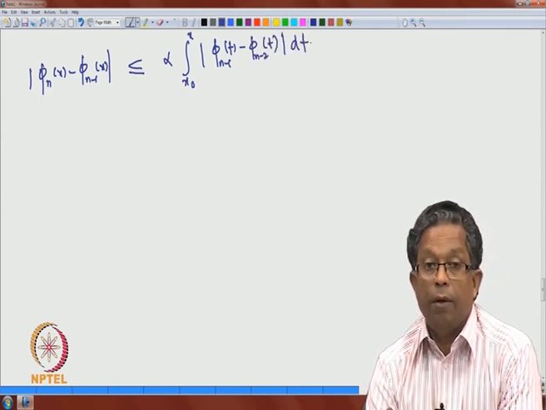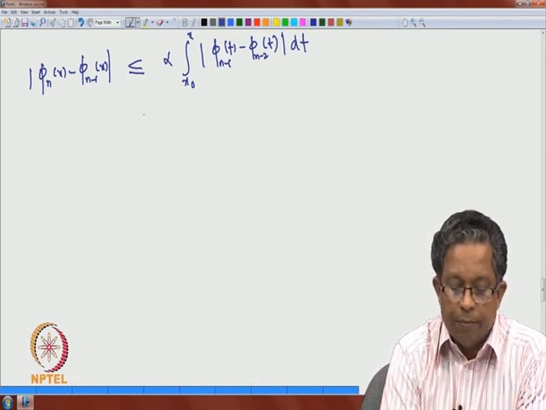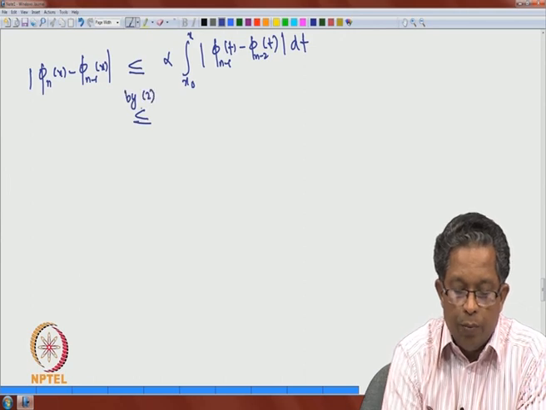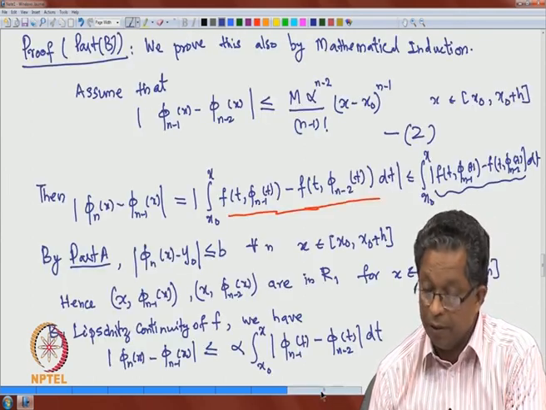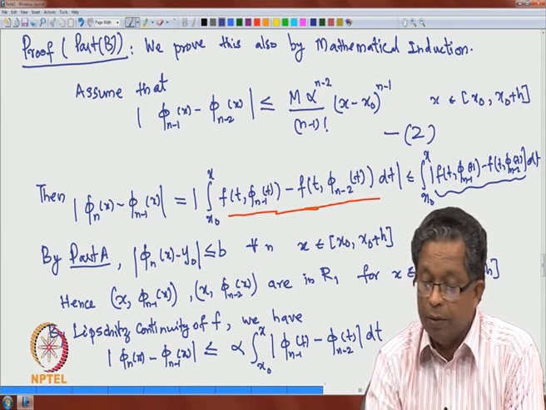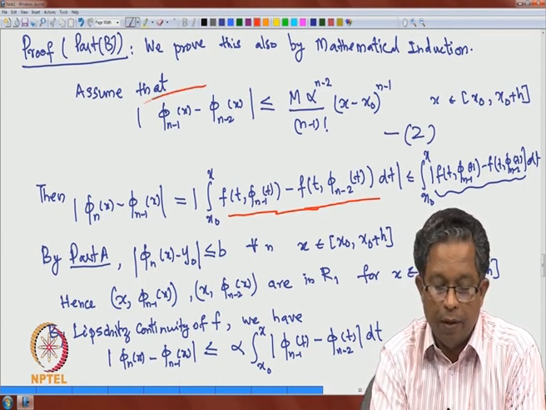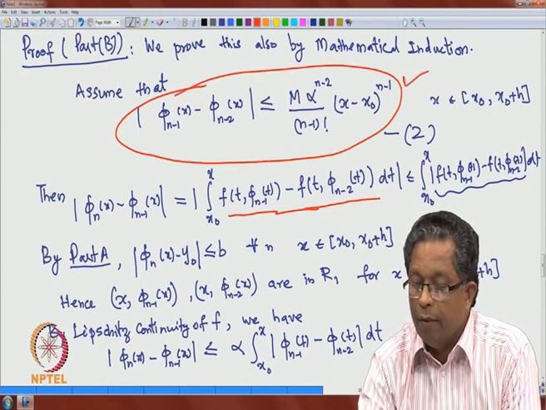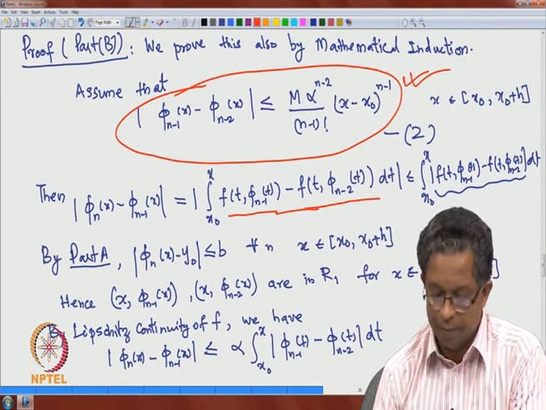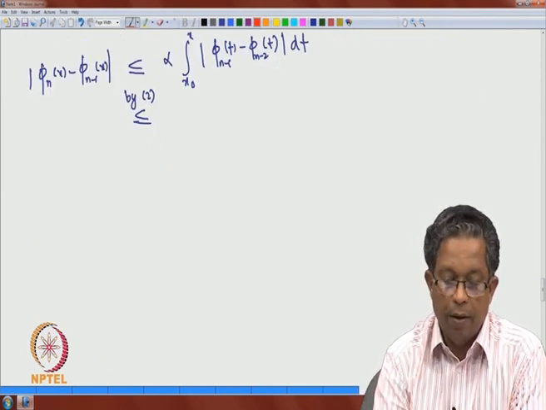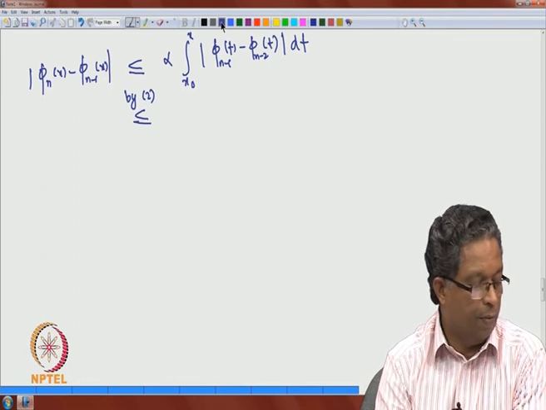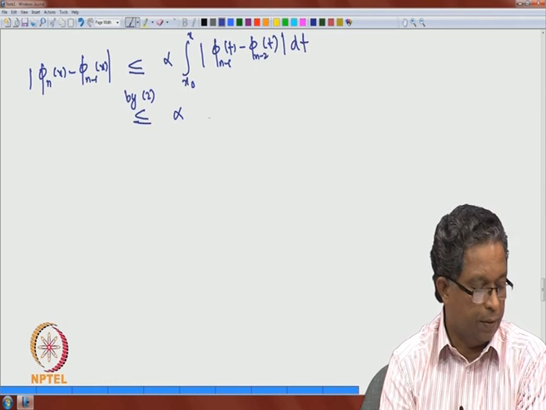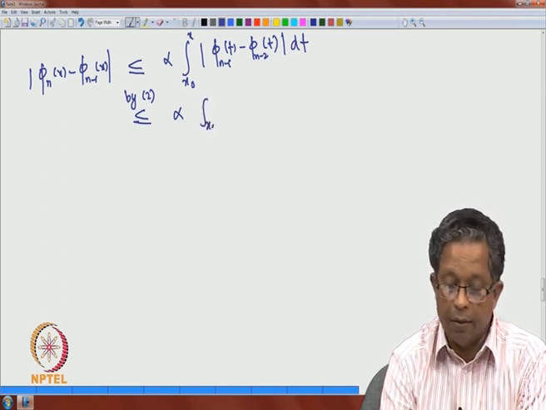Now, by using our assumption, by 2, we assume this is our 2. We assume that for the n minus 1 case, this holds. If we assume this, then we get alpha times the integral from x0 to x.